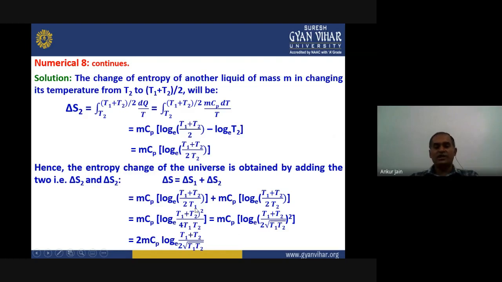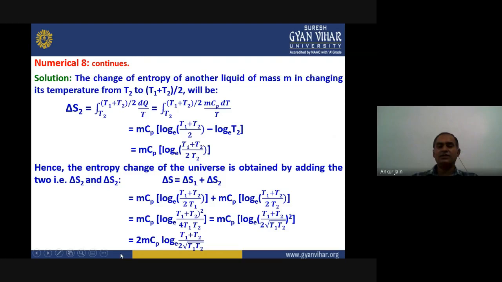Now if we rearrange it in the square form, it can be written as m Cp log of [(T1 plus T2) divided by 2 under root T1 T2] to the power 2. Now we can again arrange from here. We can take this 2 outside of the log.